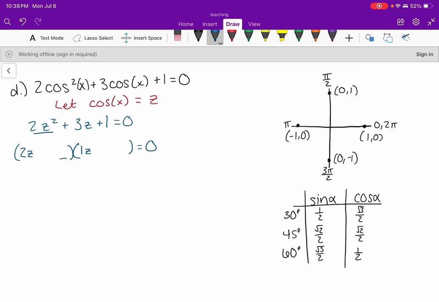Your two numbers in the back here need to multiply to positive 1. There's only two numbers that can multiply to a 1, and it's 1 and 1. Because this is a plus, my two signs need to be the same, so they're both going to be plus.